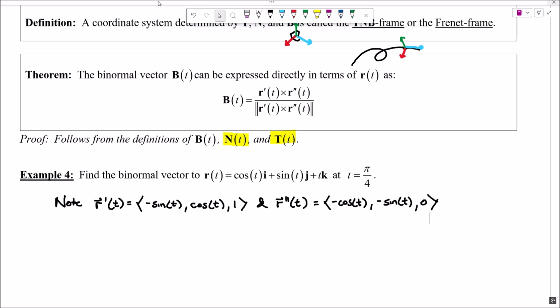Well, notice that I'm interested in calculating B of pi over 4. So I'm actually going to jump right to evaluating these at pi over 4. Notice that this gets me negative root 2 over 2, a positive root 2 over 2, and a 1.